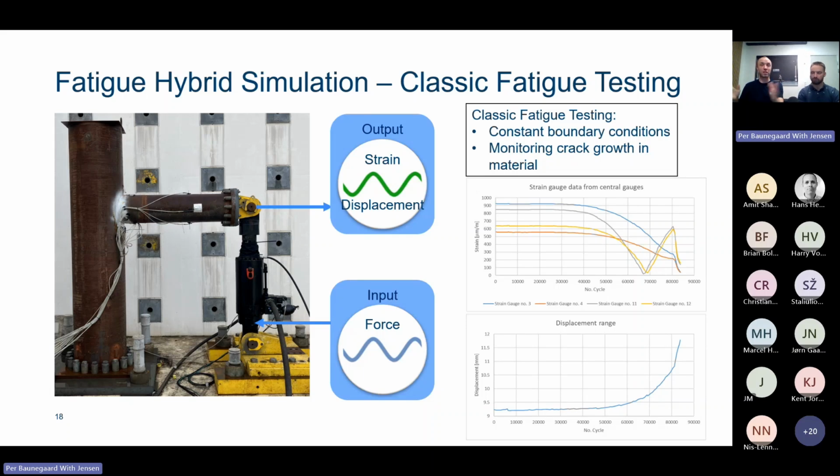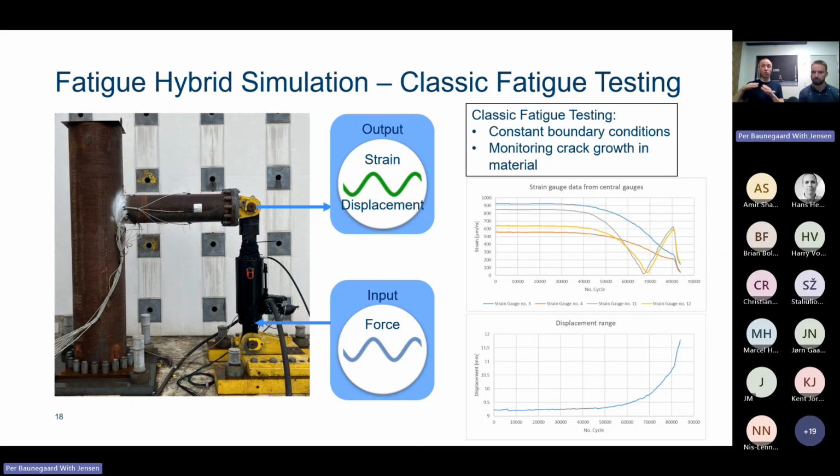It took this many cycles for the sinusoidal force to achieve a through thickness crack. The other data we can look at is how much the actuator moves to apply the force, and that also starts to increase once we have a crack.